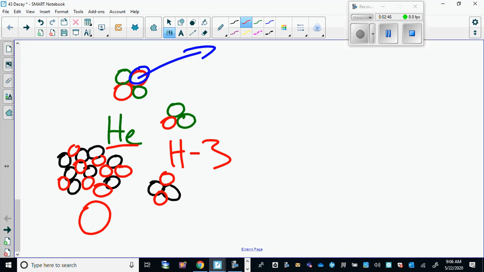So if this gets ejected from the nucleus, all of a sudden there are only 6 protons in that nucleus. So all of a sudden we have carbon. As a matter of fact, if I did 8 and 8, there'll be 6 and 6, so that will be carbon 12. So that transmutates into carbon. And this is what radioactive decay is all about.